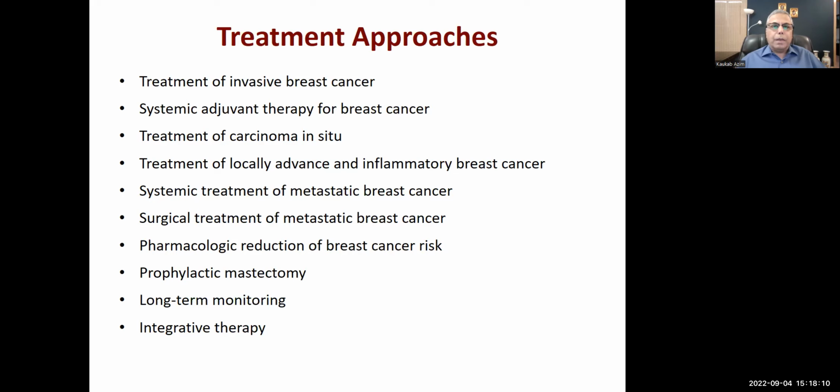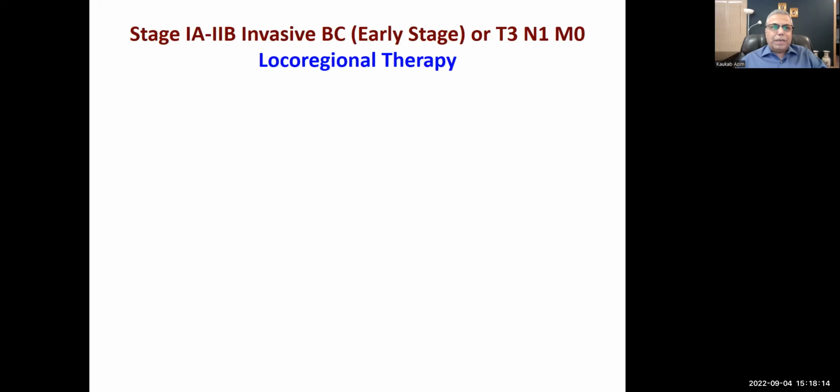All right, so we will start with stage 1A and 1B invasive breast cancer, in which T1, T2, T3, T4 represent different sizes of the cancers.